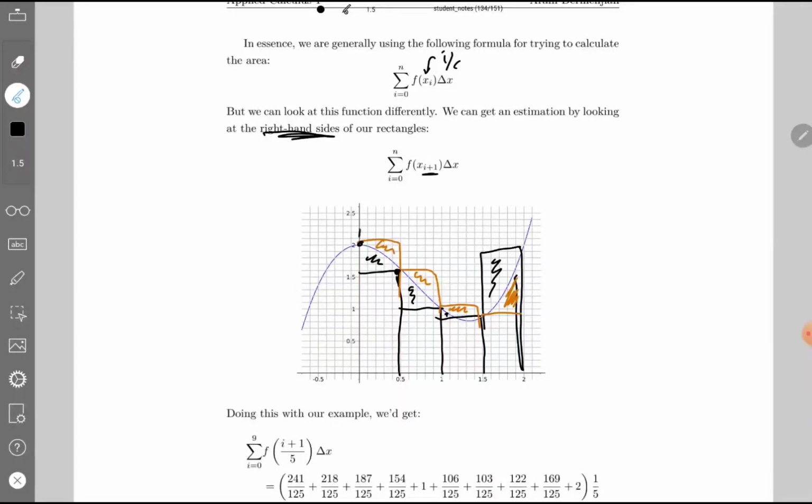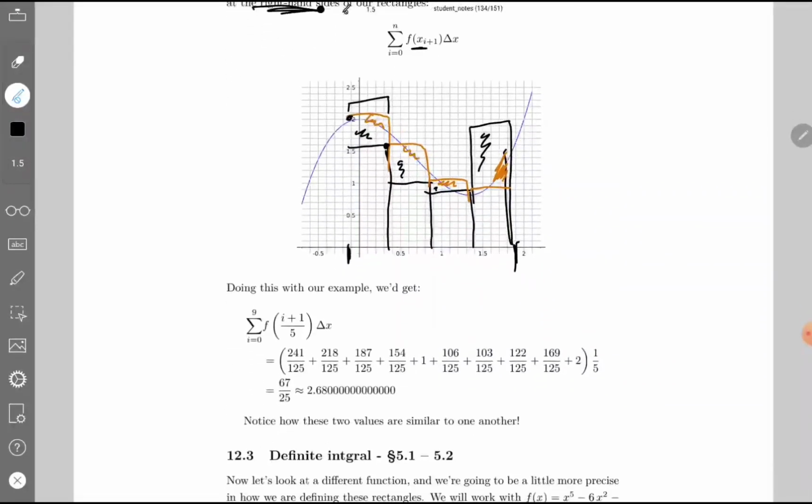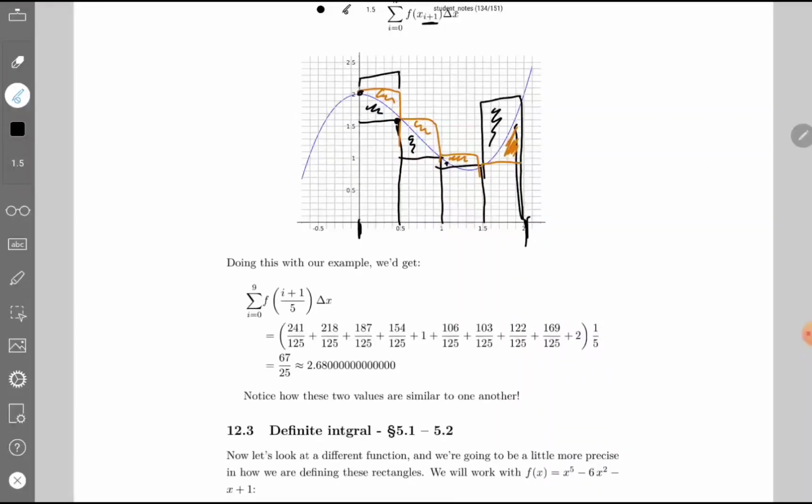The change of x here is not changing. We're still starting from the same number and still ending at the same number. And so, for example, if we do it from our previous example, this is not always the case, but in our case, it turned out that we have the same thing. And this is because f of 2 is equal to f of 0 is equal to 2. So this is not always the case, but for us, these two values end up being the same.